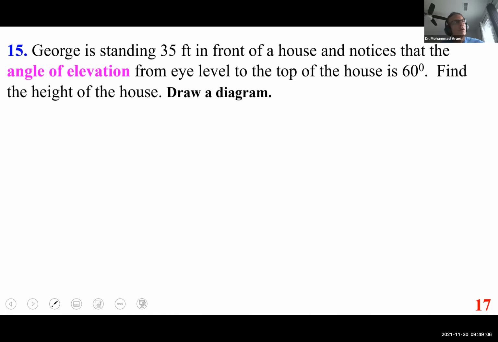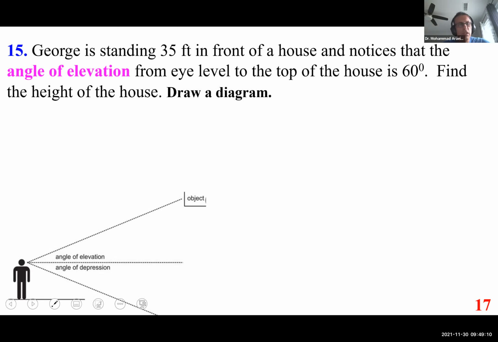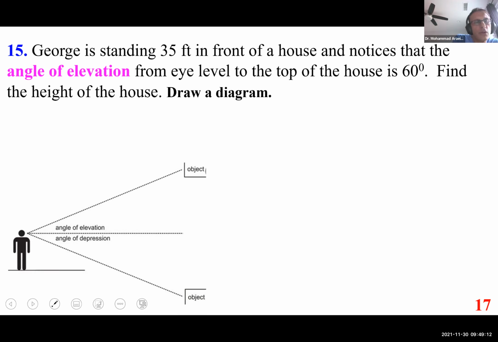Well, first and foremost, what are we dealing with here? So this is the angle of elevation, because when you have a horizontal line and the object is above that, the angle it makes with the horizontal line, and this is the line of sight, that is the angle of elevation.